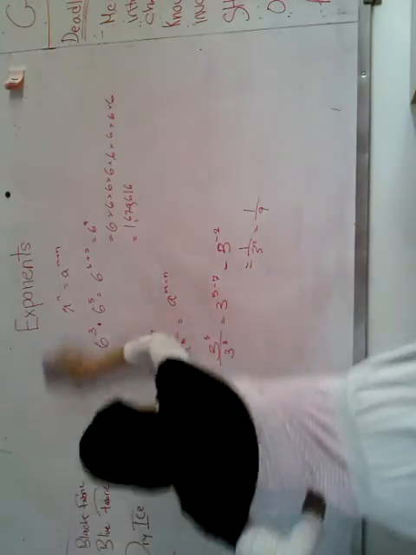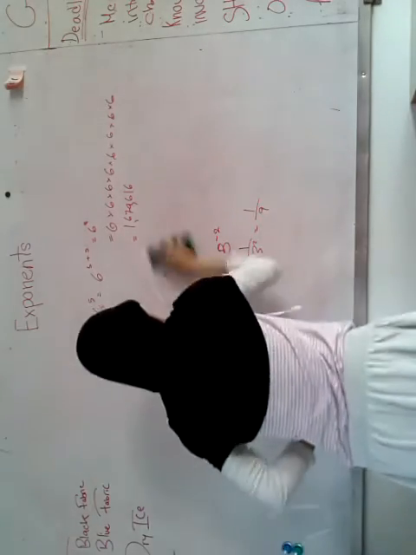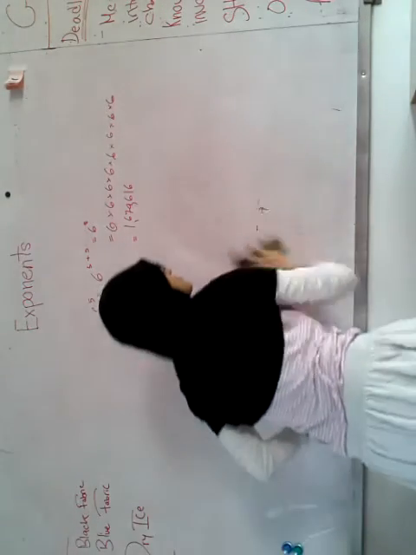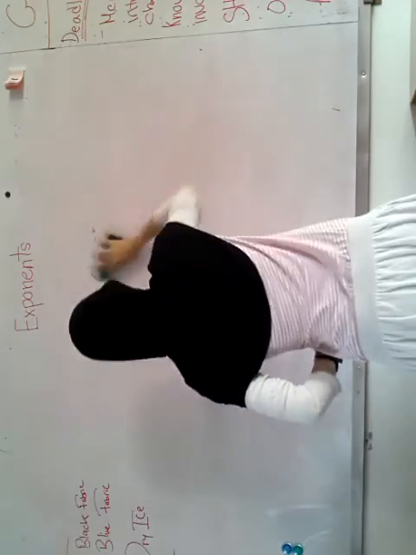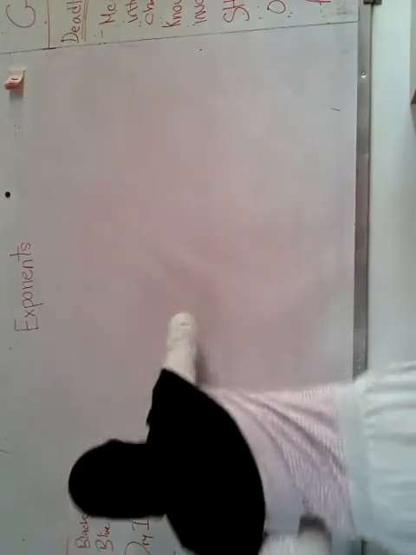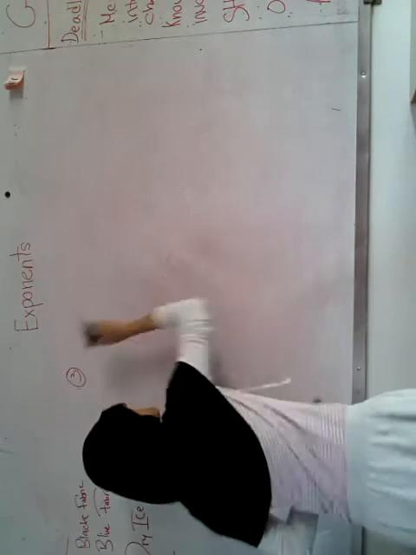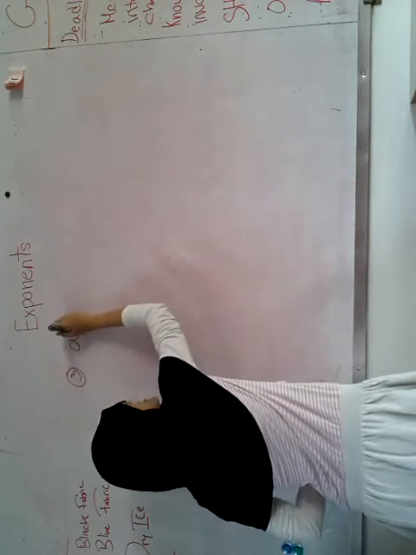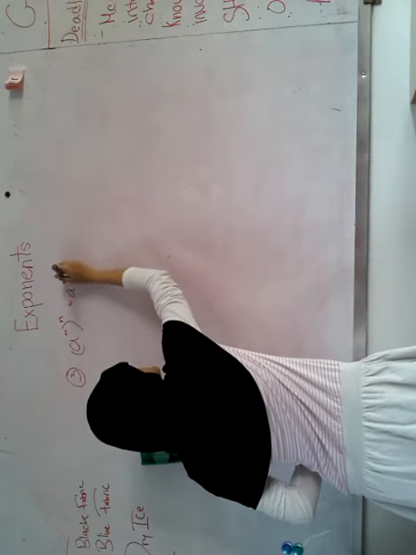Now I'm going to give one example from the third law, which is (a^m)^n equals a^(m times n).